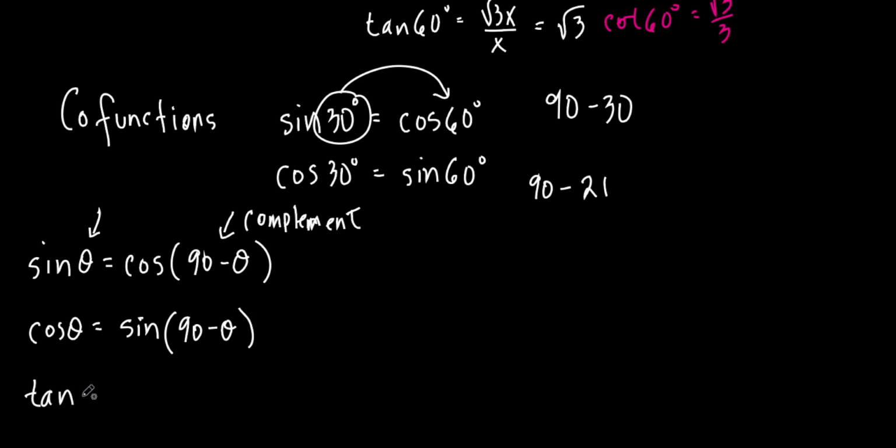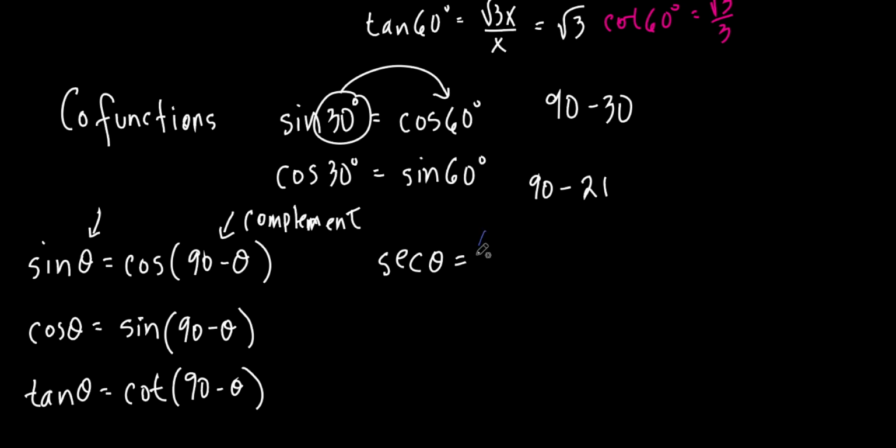Tangent. What's the tangent? What's the other one that goes with it? Let's see, hold on. Yep. This would be the cotangent of 90 minus theta. What about the secant? What if I go to the secant of theta?